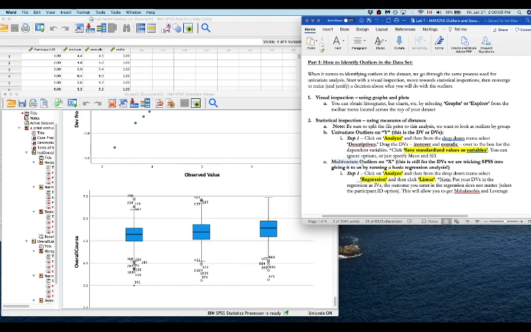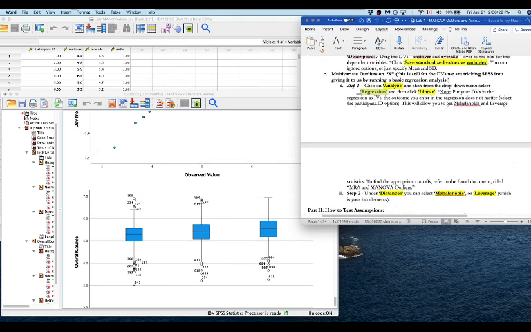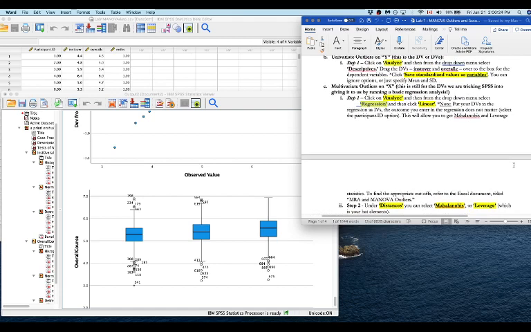And if you're looking at multivariate outliers based on x, we get this by running a regression. Essentially, it's the same way of finding outliers as we learned last semester.